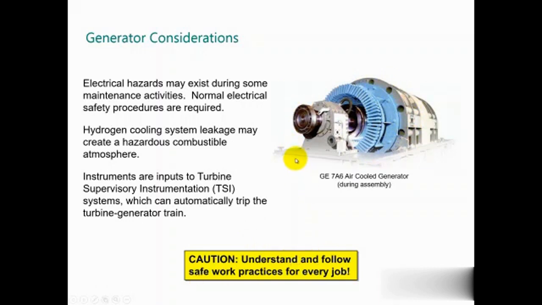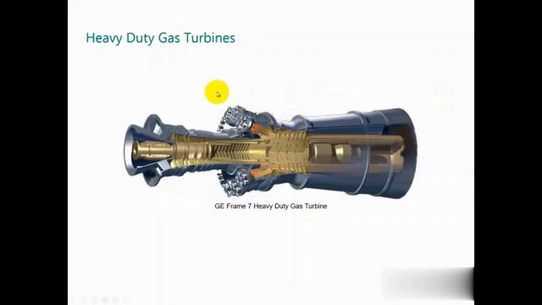In electrical motors and generators, you need special PPE like dielectric shoes. Now you have the gas turbines. The gas turbine compresses air, then combines the gas with the air and burns it in the burner, and then expands into the turbine rotor.